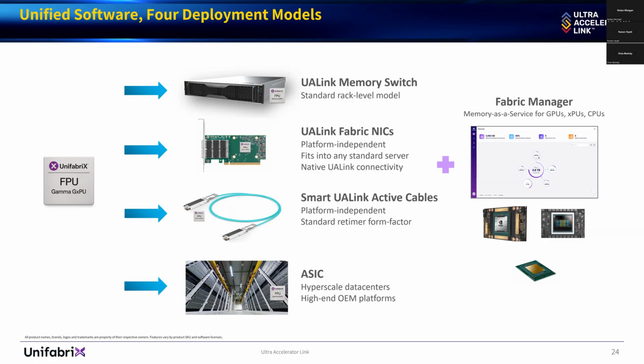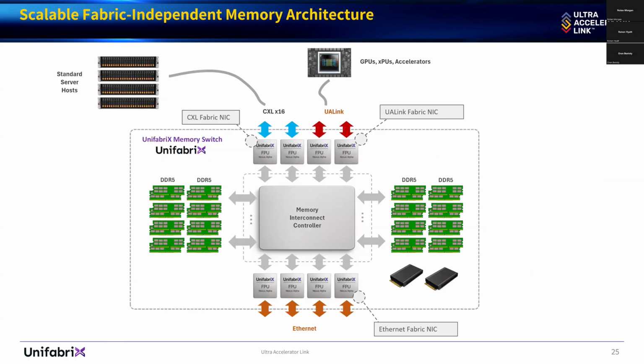And this works dynamically. The fabric manager can provision memory on the fly and deprovision memory on the fly in the UALink domain. It also works on CXL memory, and it integrates CXL memory natively into the UALink domain as part of the other memory resources.